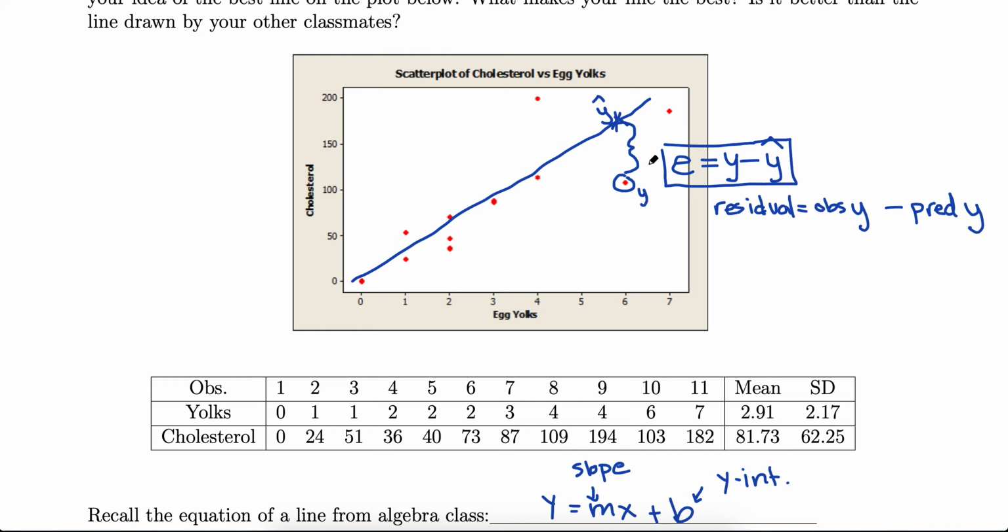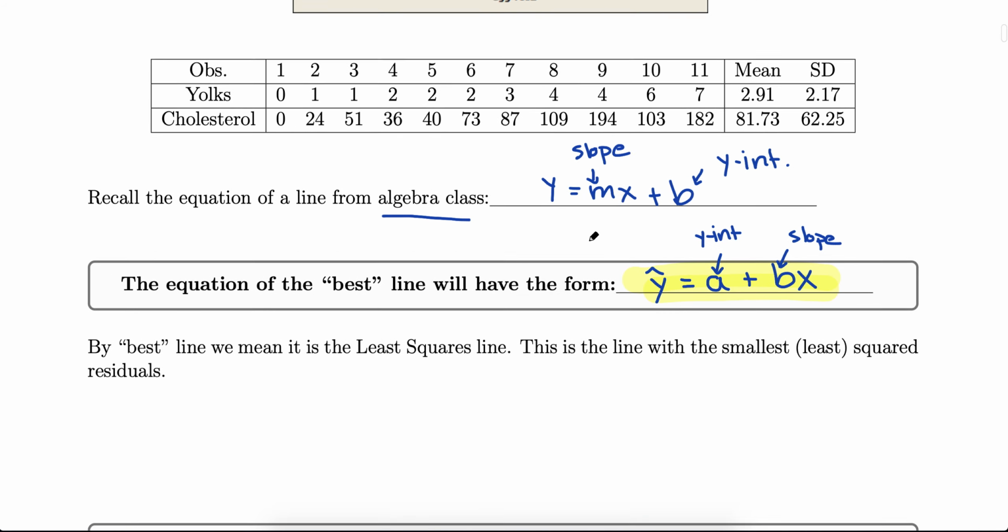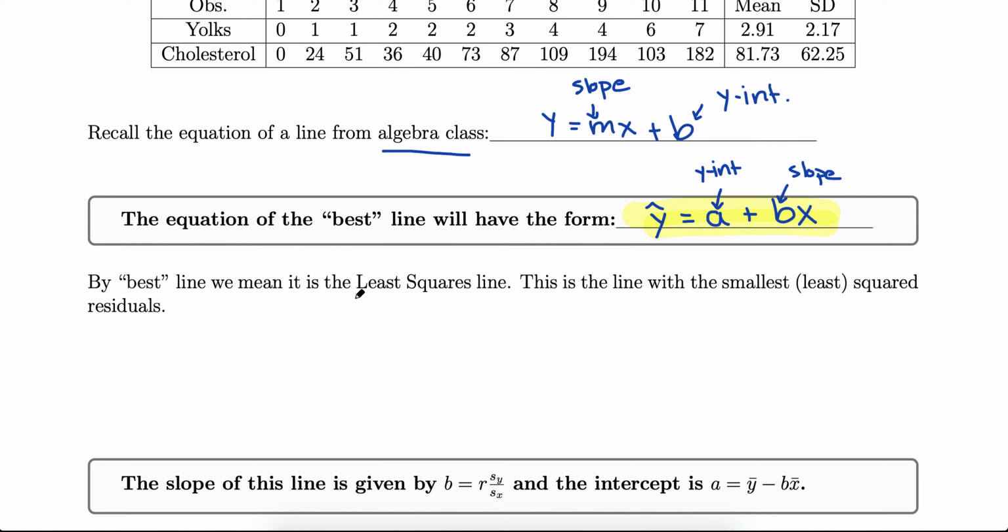That's the line we're defining as our best line, the least squares regression line, and it is the one that has the smallest squared residuals. I'll write a reminder here: e is our error or residual, y is the actual value from the data set, and y hat is what our line is predicting. We want this to be as small as possible across all the points.